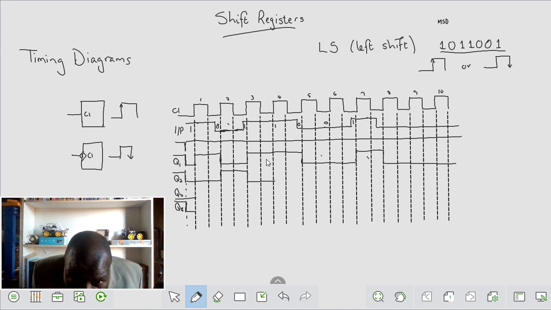It's a 1 now is fed in. So another 1 now is fed in. That 0 is fed in. 0 is fed in. That one is a 1, is fed in. The rest is zeros.